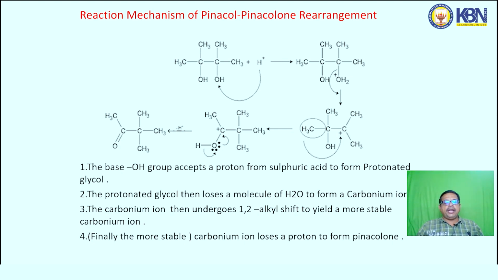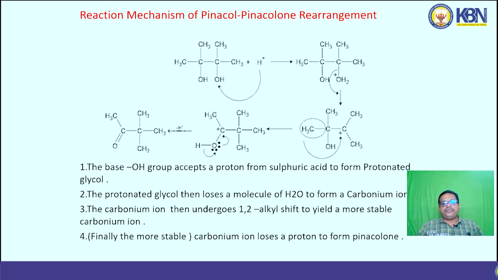The protonated glycol then loses a molecule of water, H2O, to form a carbonium ion. Carbonium ion means carbocation. The carbonium ion then undergoes 1,2-alkyl shift to yield a more stable carbonium ion.